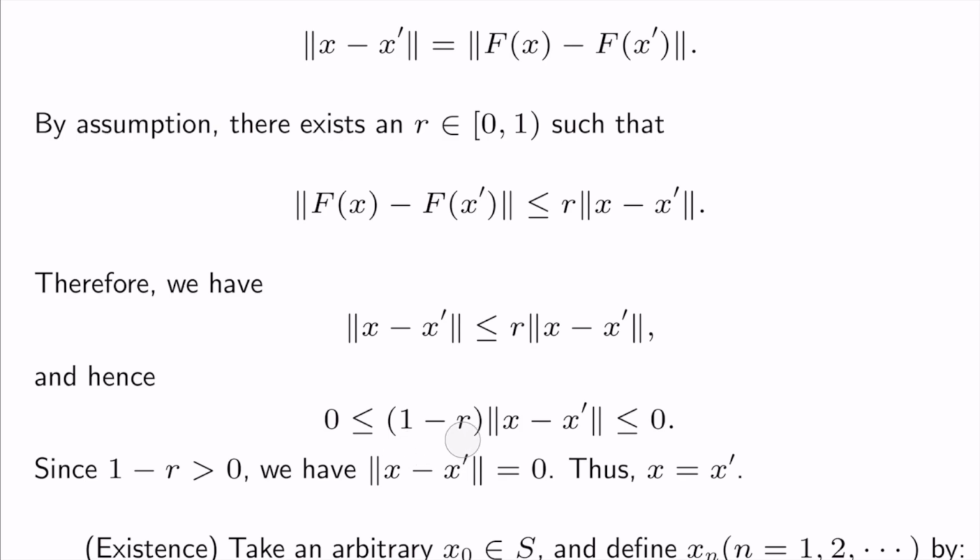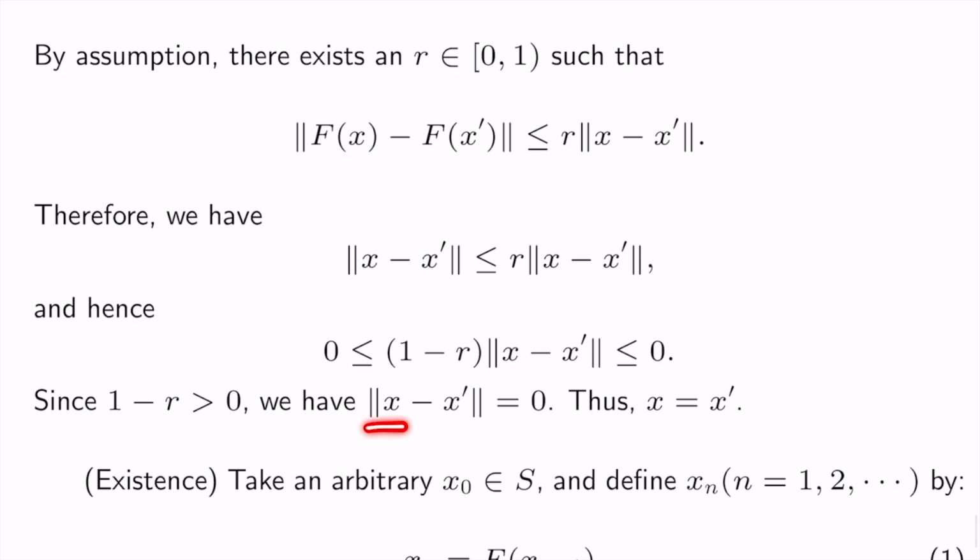Therefore, this part is positive. So if we divide everything by this term, we have this norm between 0 and 0. So that means this is just 0, which means, according to the axiom of the norm, this implies x is equal to x prime. Therefore, we have proved the uniqueness of the fixed point.